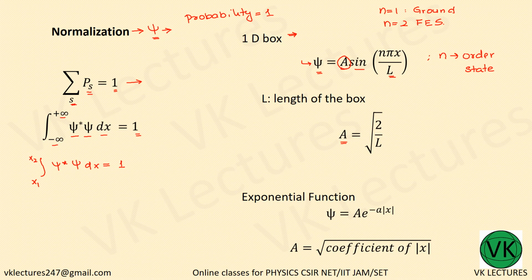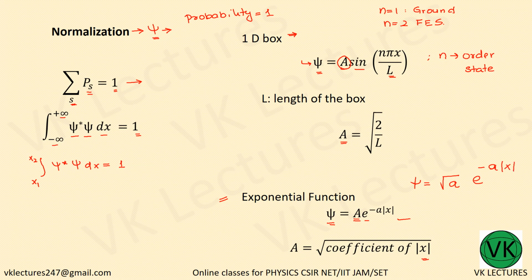Now for an exponential function, the wave function psi is equal to A e to the power minus a mod x. The value of A is equal to the root of the coefficient of mod x. So in this case, the wave function psi is equal to the root of the coefficient of mod x, into e to the power minus a mod x.